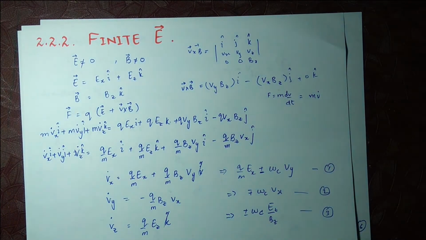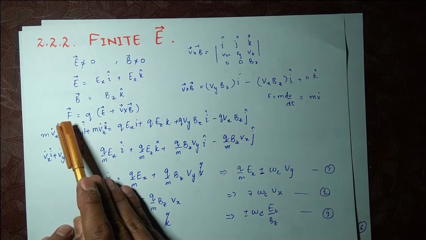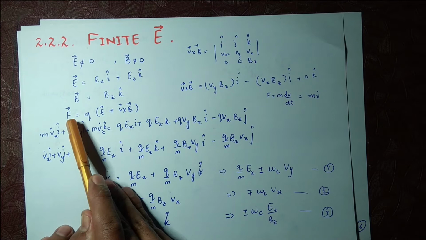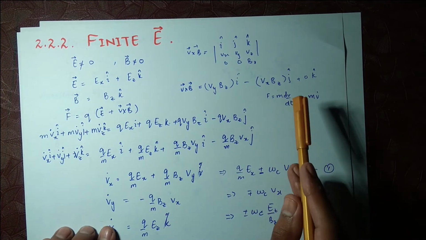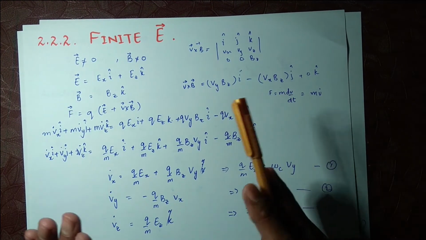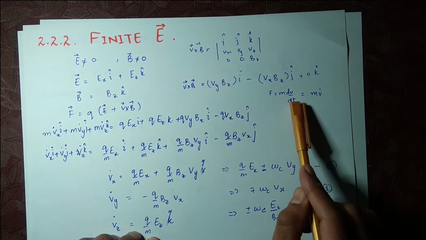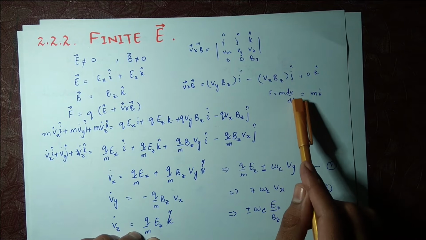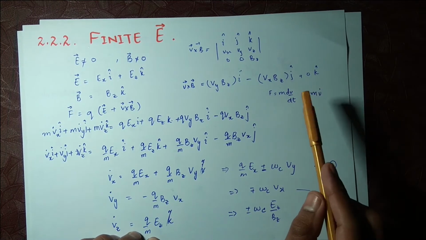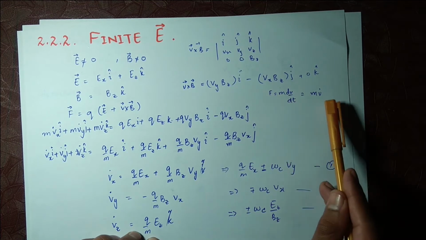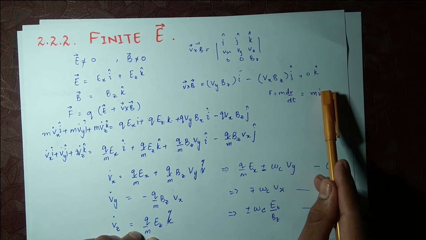Then we have a force, and we know from Newton's law that F is equal to ma. Force is equal to mass into acceleration, and acceleration can be written as dv by dt. Acceleration is the time derivative of velocity, so F can be written as m into v dot.